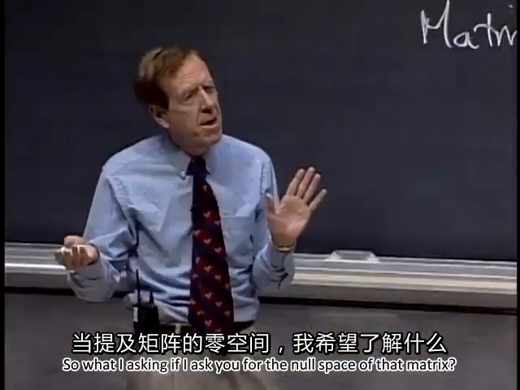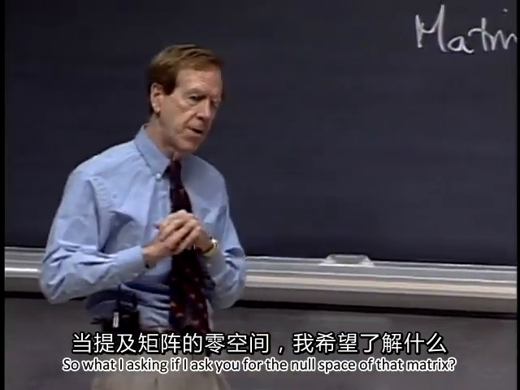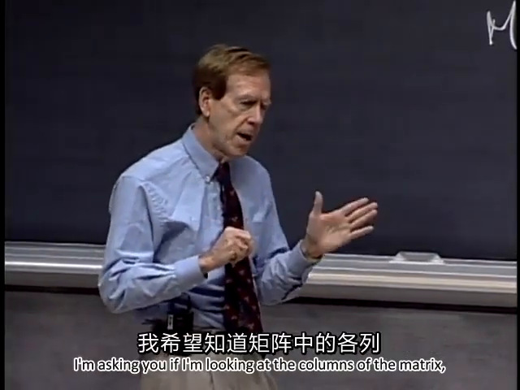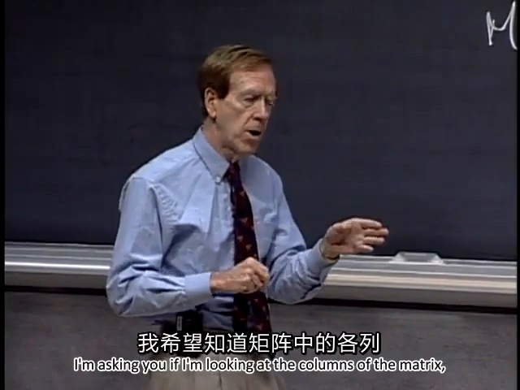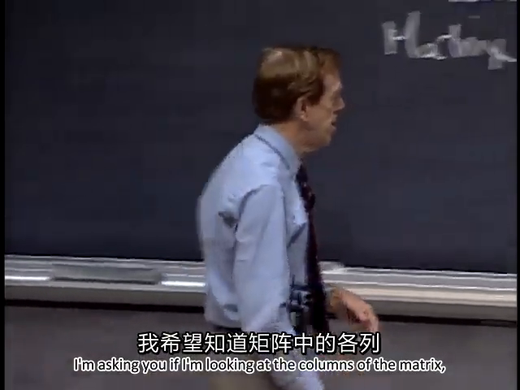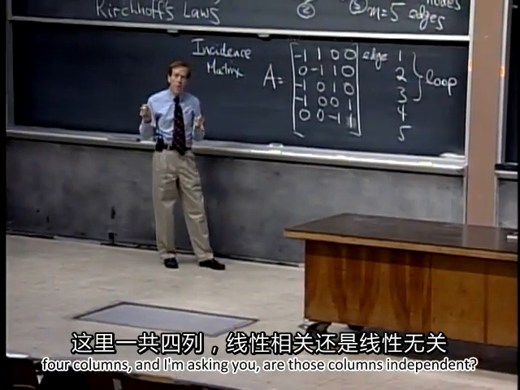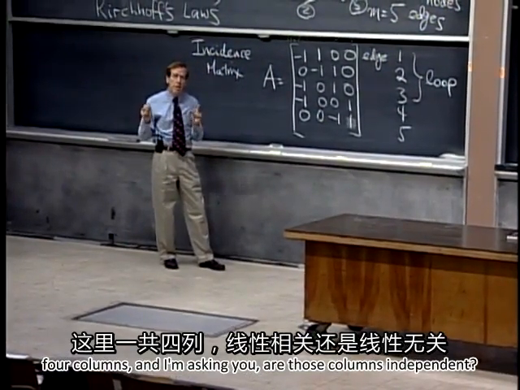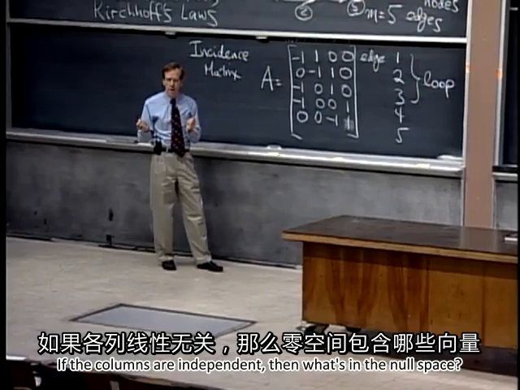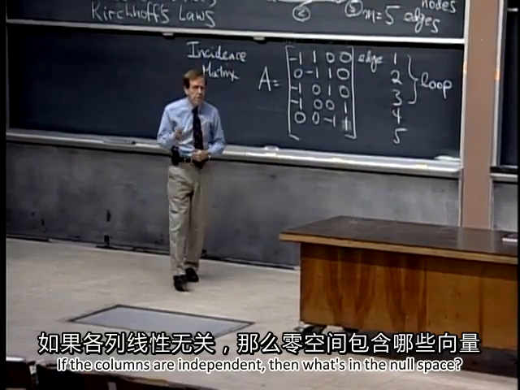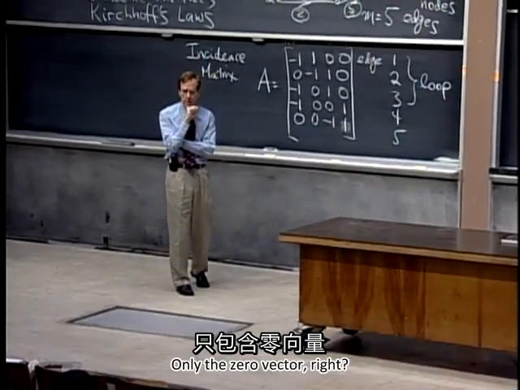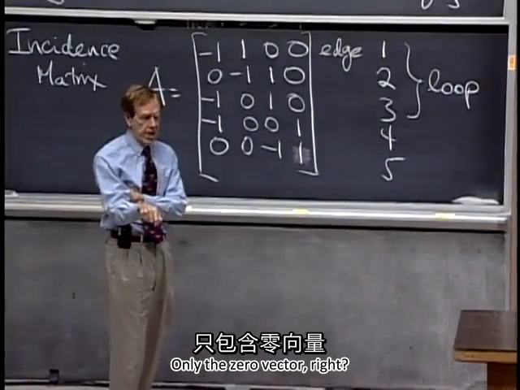So what am I asking? If I ask you for the null space of that matrix, I'm looking at the 4 columns of the matrix, and I'm asking you, are those columns independent? If the columns are independent, then what's in the null space? Only the 0 vector, right?